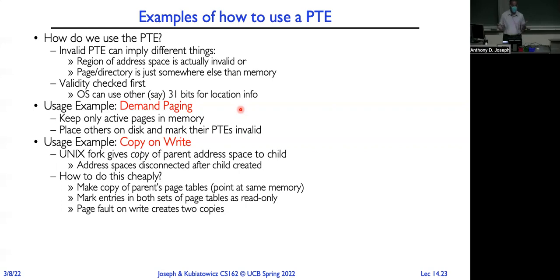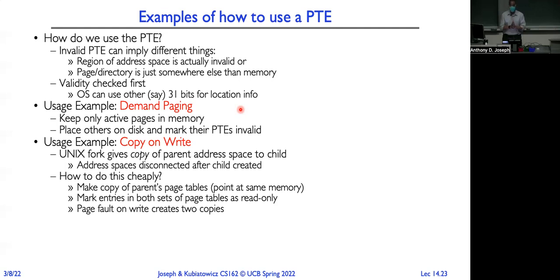So now what's going to happen? The child or the parent is running along, and it goes to write something. It's going to generate a fault because I'm trying to write a page that's marked as read-only. Now I trap into the operating system, which looks at the page table entry and says, oh, I did a copy on write.